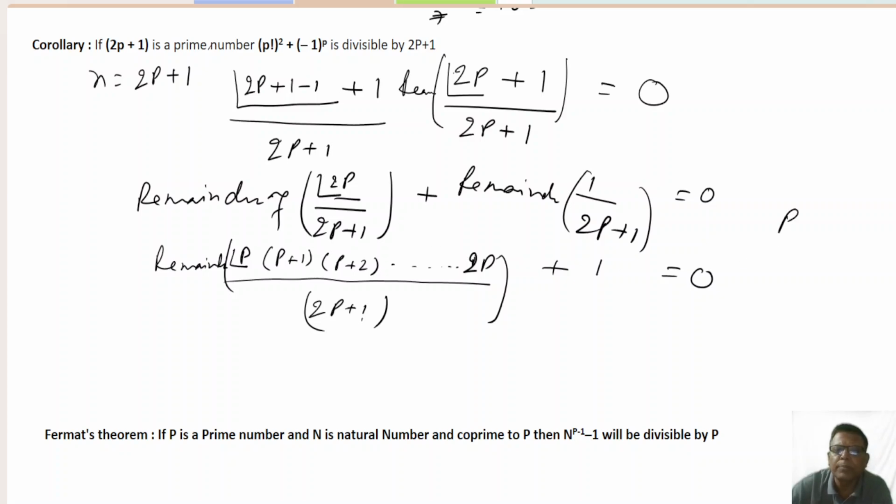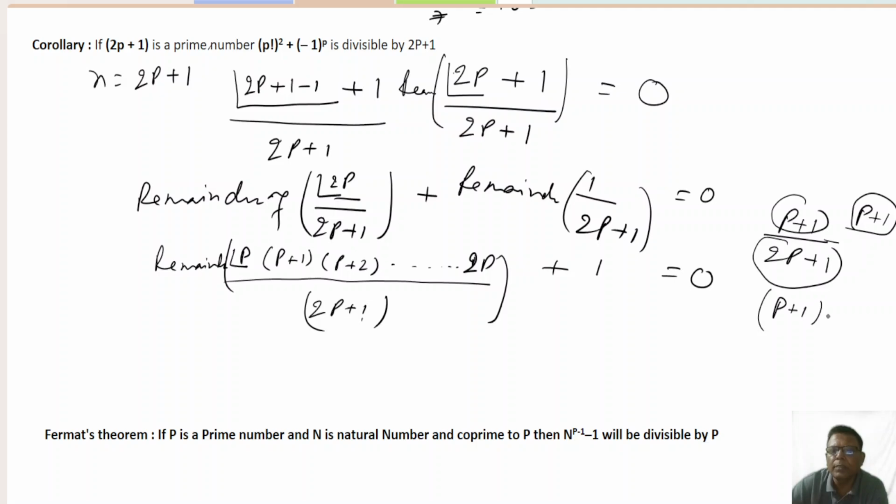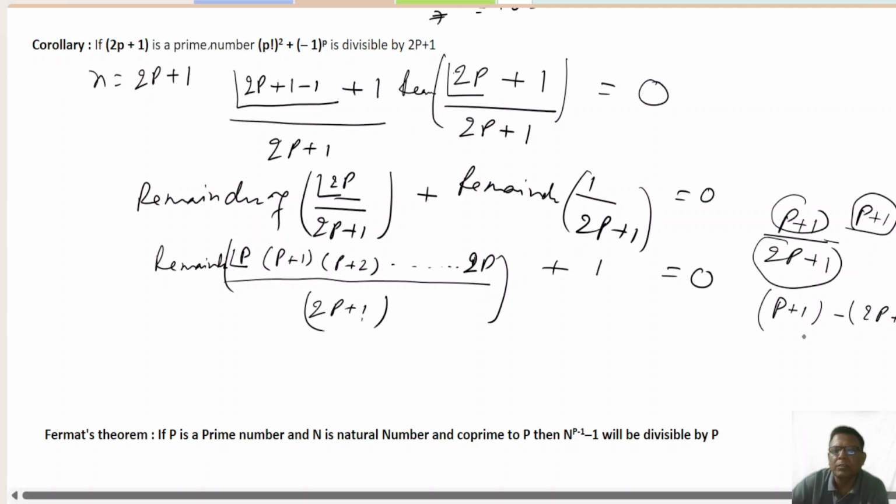Then again, suppose p plus 1 and 2p plus 1. Remember, what will be the remainder? Since p plus 1 is less than 2p plus 1, the remainder will be p plus 1, which is positive. So what will be the negative remainder? The negative remainder will be p plus 1 minus (2p plus 1), so that is minus p.